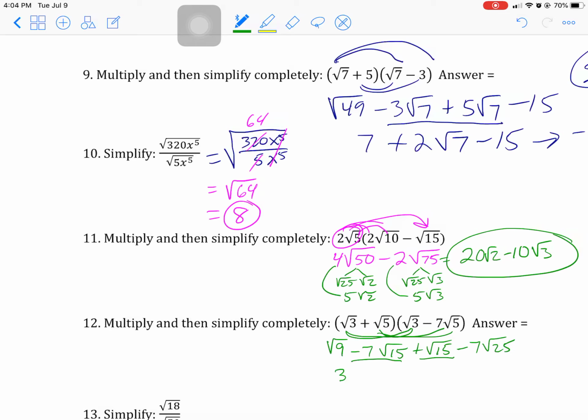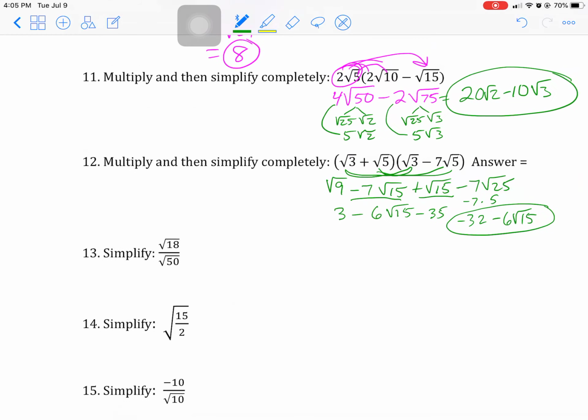And then negative 7 plus 1 makes negative 6 square root of 15. And then the square root of 25 is 5. Negative 7 times 5 is negative 35. And plus 3 is going to be negative 32 minus 6 square root of 15. A little tricky. All right.